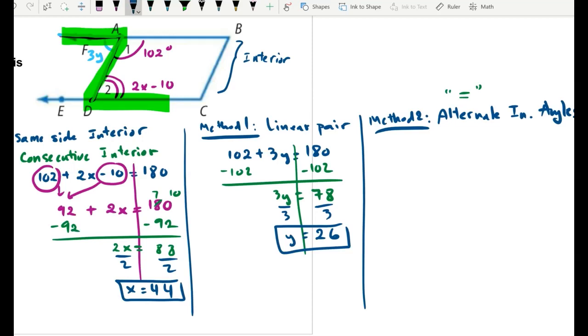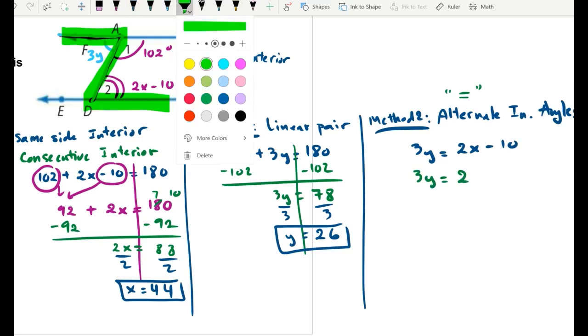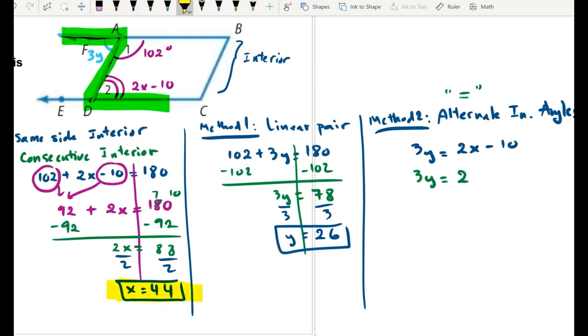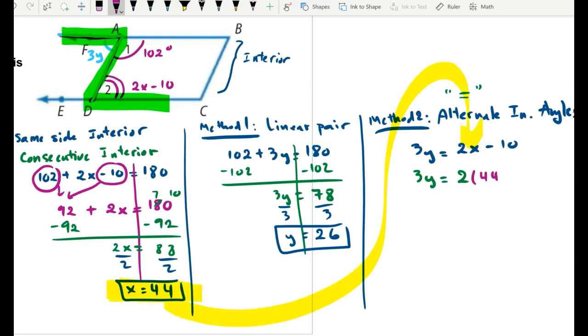So we have 3y equals 2x minus 10. y is what we're solving for, and x is what we solved for earlier. x equals 44, so that will be 2 times 44 minus 10. 3y equals 88 minus 10, so 3y equals 78.